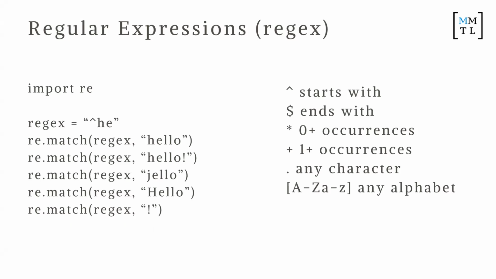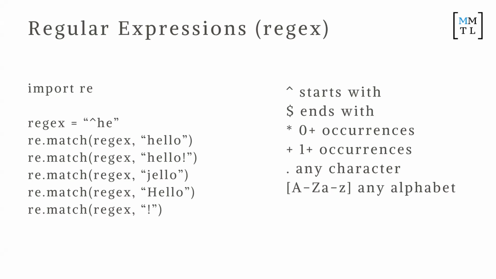So this is actual working code that you can use in Python. Python has a module called re, which stands for regular expressions. You import re, and then you define the regular expression, regex in this case, equals caret HE. And then you can match the regex that you've defined with a specific string and see if it returns true or not.